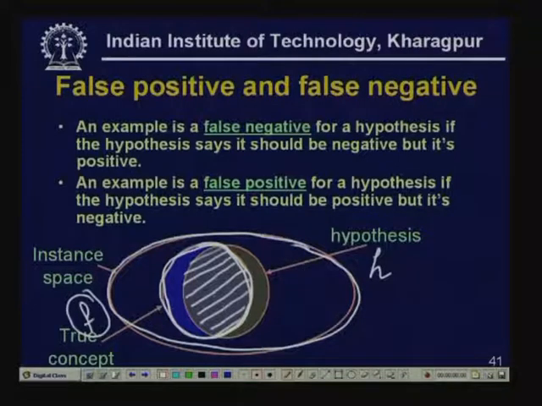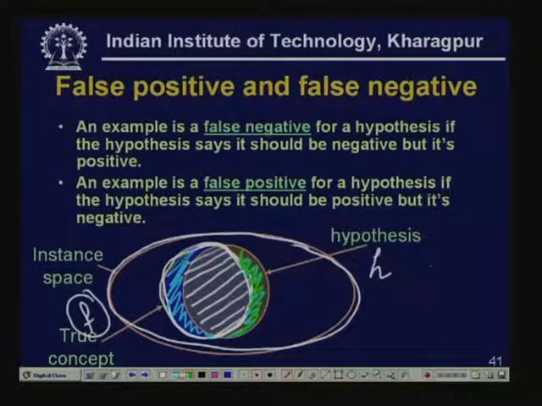H makes mistakes in this blue region and in this black region. So, these are the two regions in which H makes a mistake. Out of this, an example is called a false negative if the hypothesis says it should be negative, but it is actually positive.